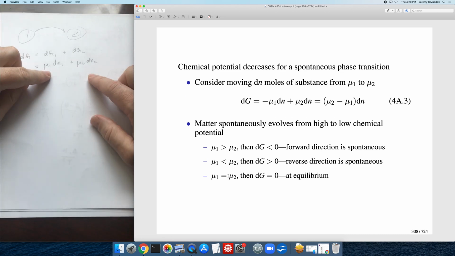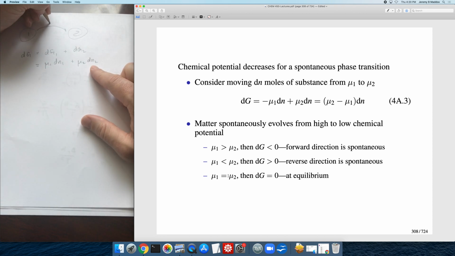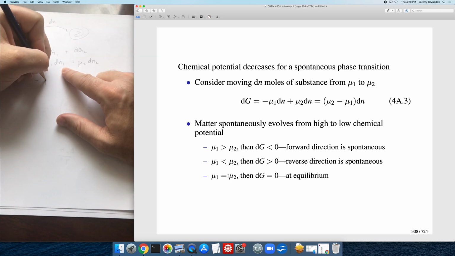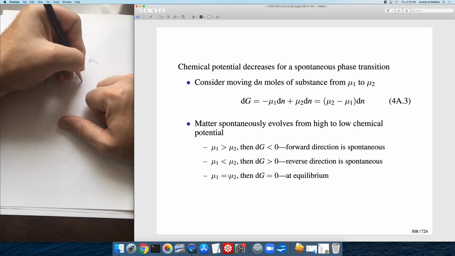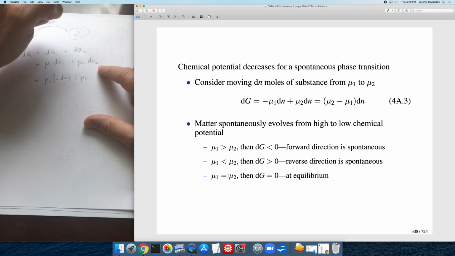Now, these 2 changes are related to one another. If we're transferring dN moles, then the change in the number of moles of phase 1 is going to be negative. So we can write this as mu1 times negative dN plus mu2 times positive dN, since the change in the number of moles in phase 2 is plus dN.